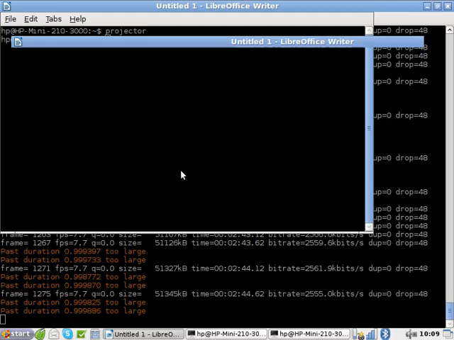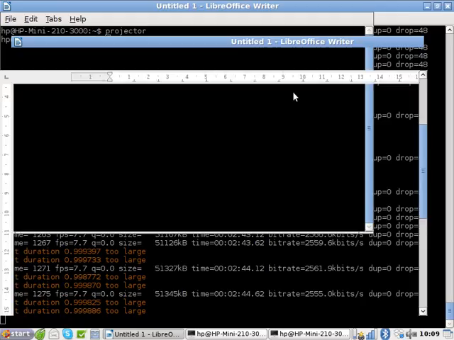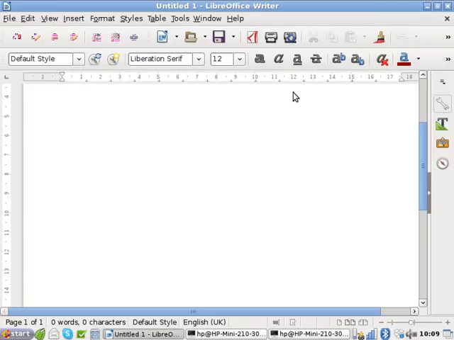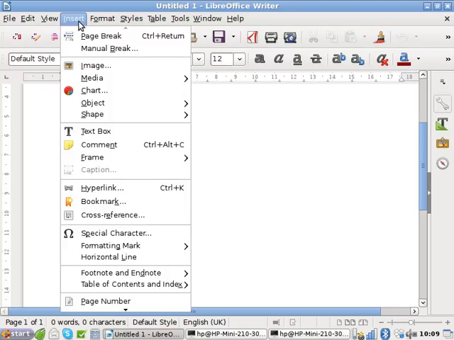Okay, so up the very top of Libre, do you see where it says Insert? If you click Insert, you should have a drop down, and there should be one called Object.